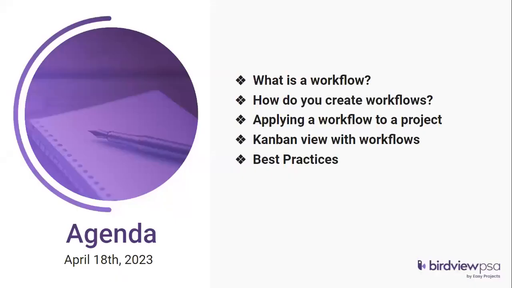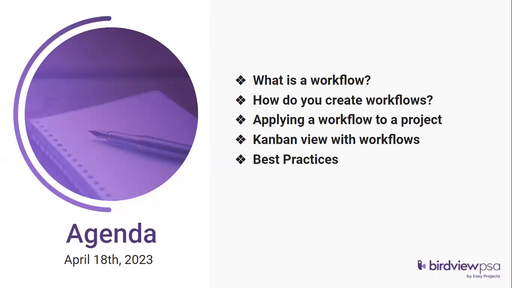All right, our topic this week is customize your project workflows. So we'll start with understanding what a workflow is, why is it used, and how it can accommodate different projects, different portfolios, as well as several different departments within the same company. We'll also learn how to create workflows within Birdview and how to apply it to projects.